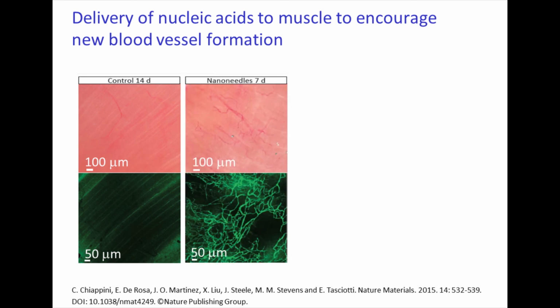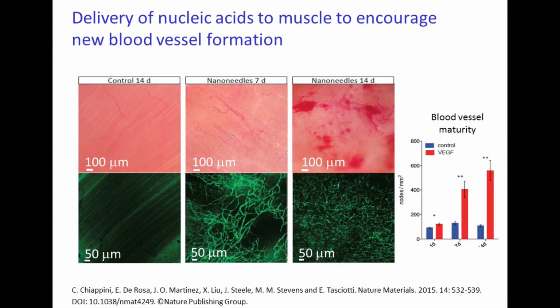Now, if we take our nanoneedles and deliver them to the muscle, delivering nucleic acids that encode for vascular endothelial growth factor, a growth factor that helps blood vessels form, we can see that even at 7 days we start to get lots of new blood vessels forming on this muscle in vivo. Over time, those blood vessels get more and more mature. You can see the quantification here, and you can start to get a really good prevascularization of the site.